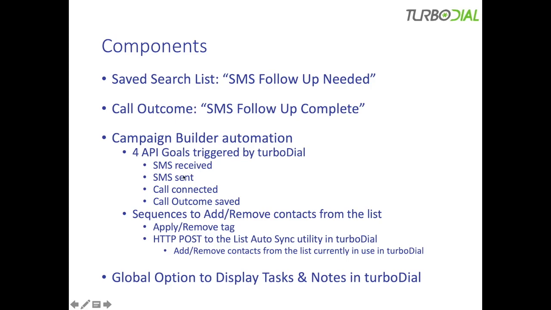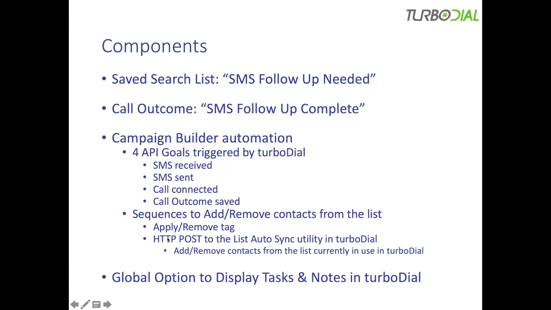And then we want to set up some goals for when an SMS is sent, when a call gets connected, or when a specific call outcome is saved. With those 4 API goals, we'll be able to trigger the automation that we need to manage our list in Infusionsoft. Those goals are going to trigger some sequences to add and remove contacts from our list, and that's going to involve applying and removing a tag.